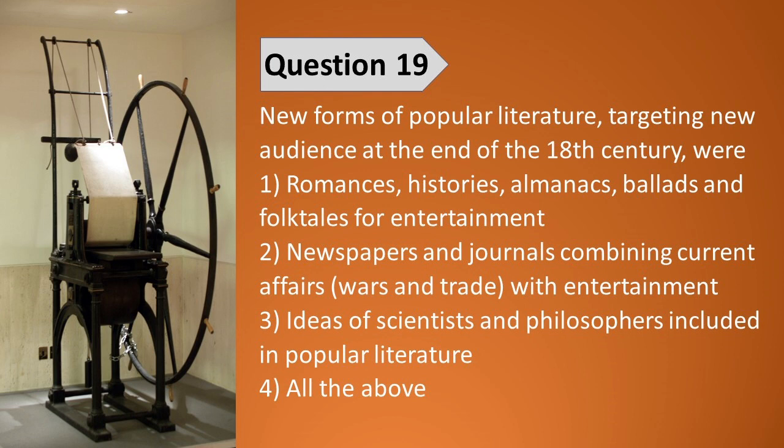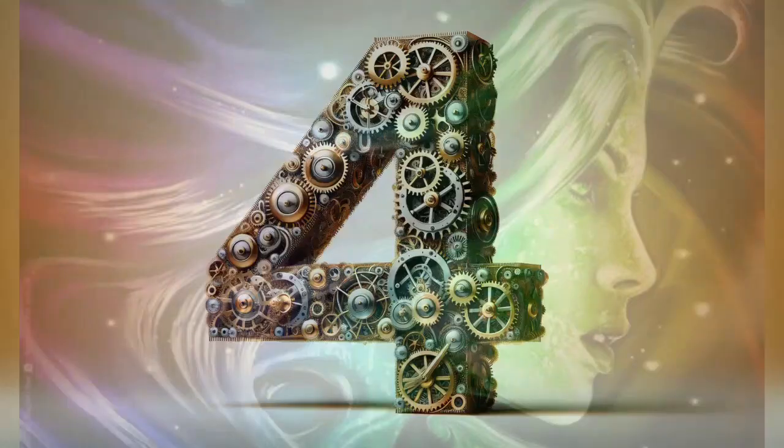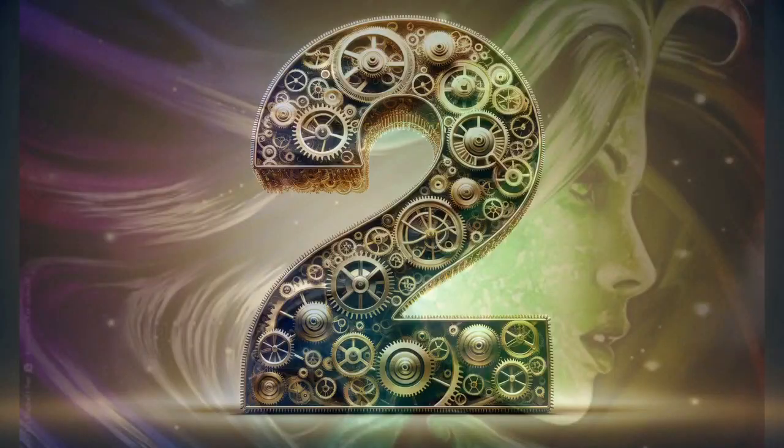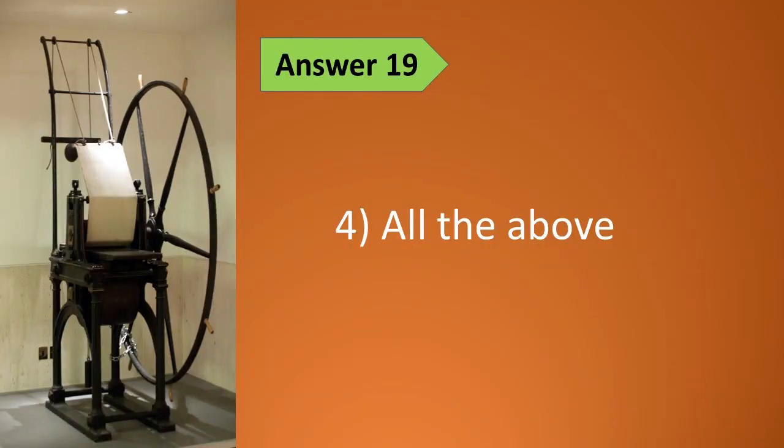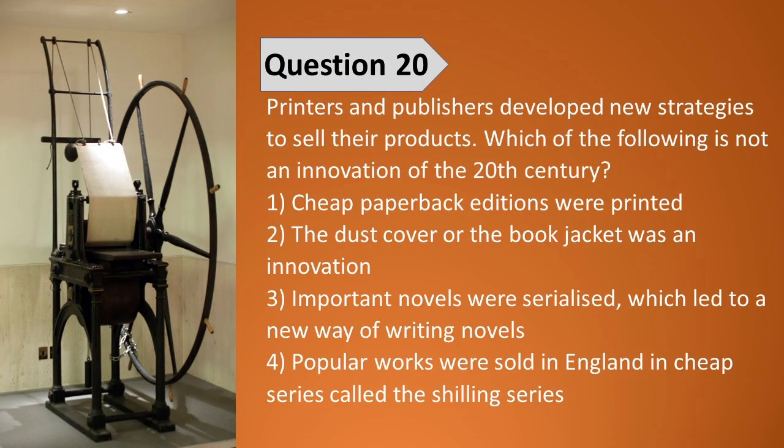Second option is newspapers and journals combining current affairs, which is war and trade, with entertainment. Third is ideas of scientists and philosophers included in popular literature. And fourth is all the above. Answer to question number 19 is all the above.